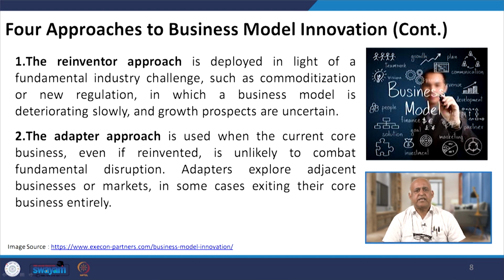So, in some cases they exit their core business entirely. Now, the first step will be the reinvention, but then you find that your business model is still not working and the organization is not getting a good ROI, then in that case you can go for the adjacent businesses or markets. I would like to give the example of FMCG companies.